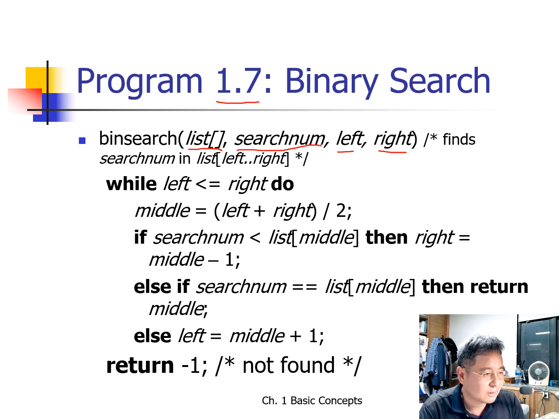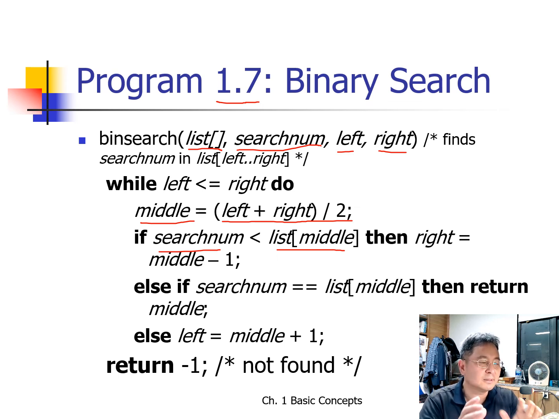Okay, so the middle index will be calculated by using left plus right divided by 2. Okay, and compare search num and the list's middle value. If search num is smaller than the list's middle number, then the search num is located on the left.